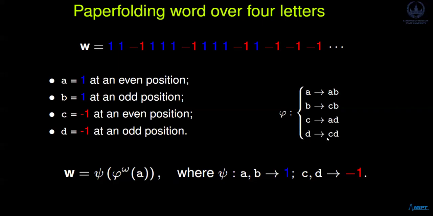This highlights the structure of the paper folding word as a result of infinite iterations of the substitution process, ultimately generating the alternating pattern of ones and minus ones. This recursive process and the introduction of four symbols provide a richer structure to the paper folding, allowing us to study its behavior and properties more closely.